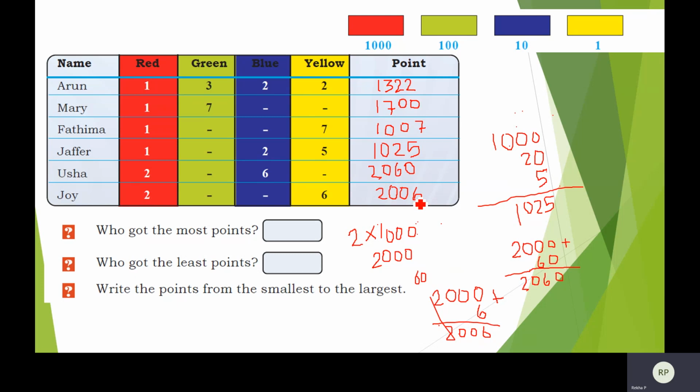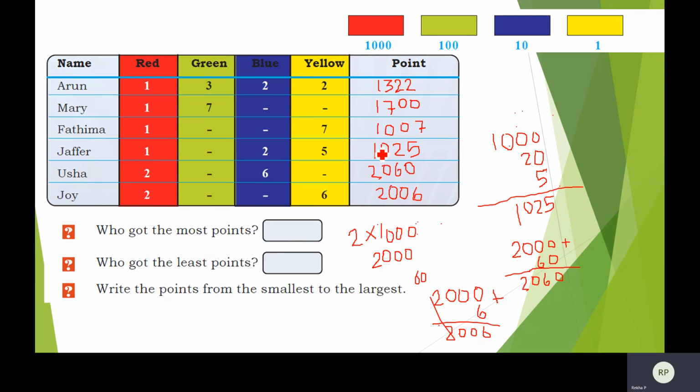Okay, so now you have calculated all the points. From this table, you have to find these answers. Who got the most points? So here, which is the largest number? To find the largest number, you have to find which one has the largest place here. The largest place is 1000. So you have to find the number which has the largest value.